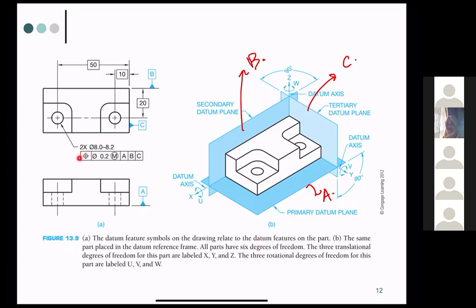Okay, so this is the center point. Okay, and this is tell you that 0.2, which is the tolerance is 0.2, and this is M, which is called the maximum material condition, and with reference to datum A, and then the second one with datum B, and then the third one is datum C.